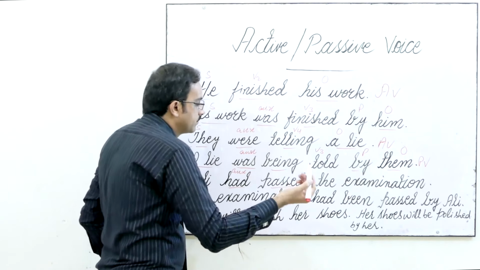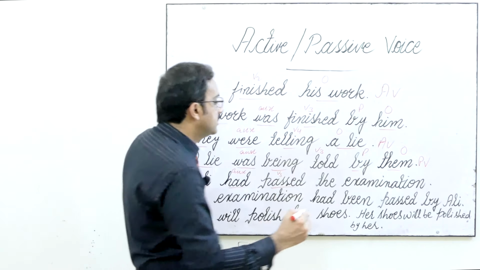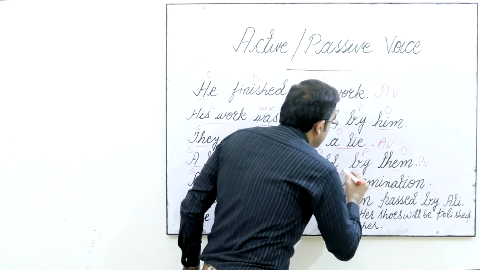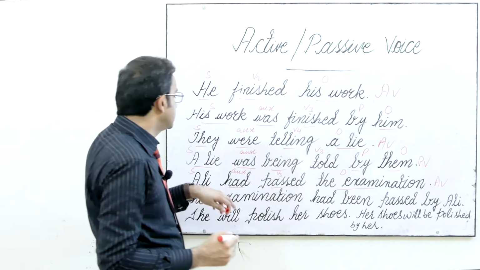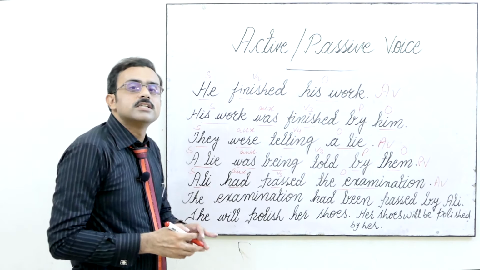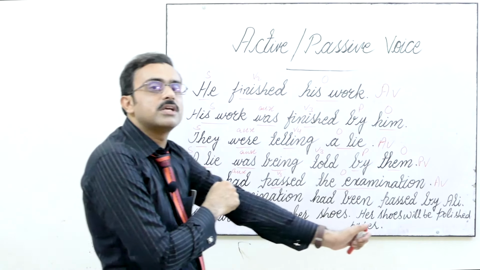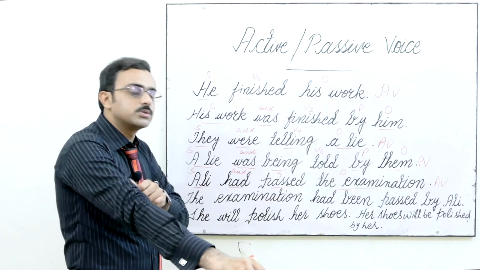Passed is your past participle, means V3. And the examination, this is your object. So it is active voice. Why? Because the subject Ali, the performer, is prominent. The prominence has been given to the performer, doer or subject, whatever you want to say.